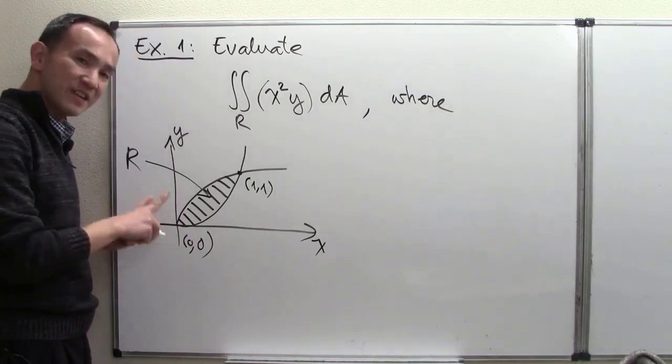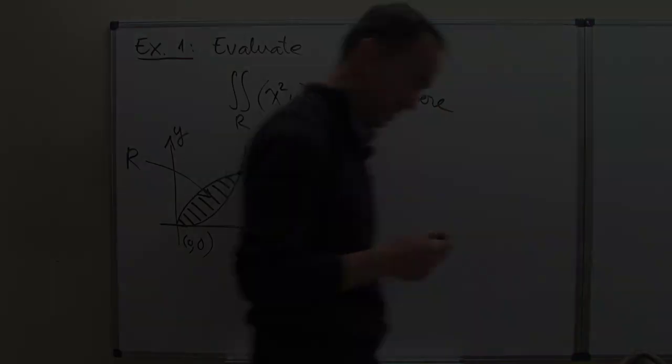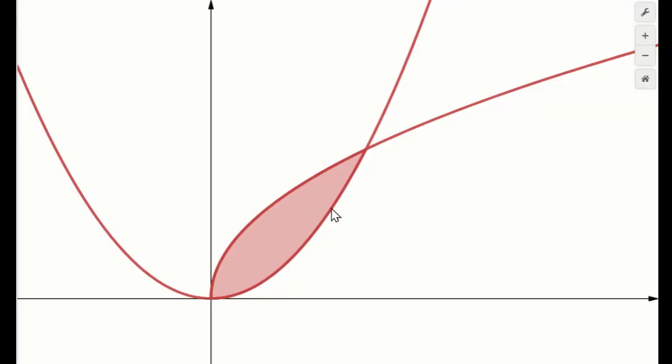All right, so let's have a better picture of this on my computer station. This is the picture over here. The region is here, and the point is right here at (1, 1). We have another point at (0, 0).